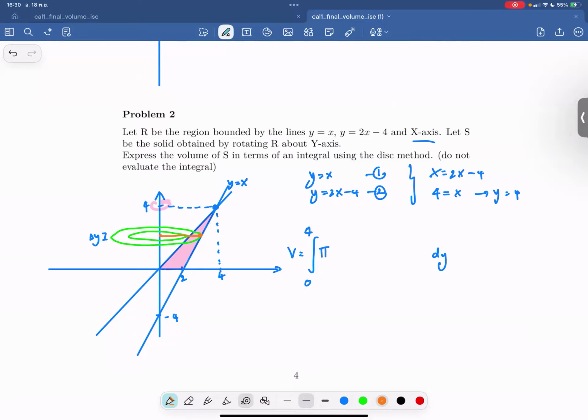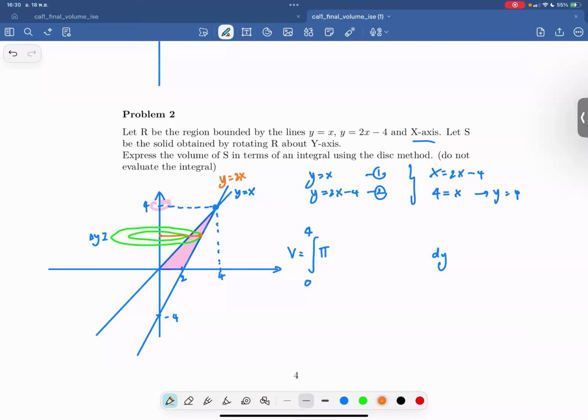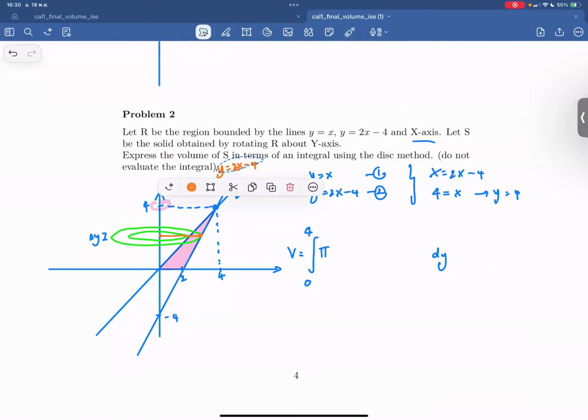Oh, wait. Sorry, the lower one is y equal to x, and the upper one is y equal to 2x minus 4. So the outer radius should be y equal to 2x minus 4, right? But we need the function of the variable y. So we isolate x to be (y plus 4) over 2 equal to x.